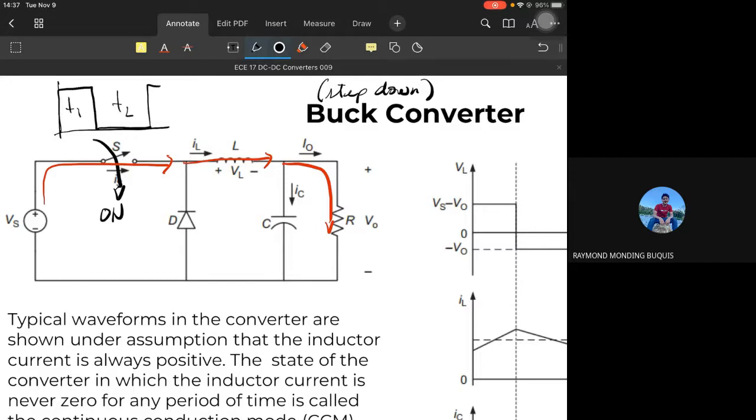So during off, it is an open circuit, so no current will flow from the source. This is an open circuit at T2.